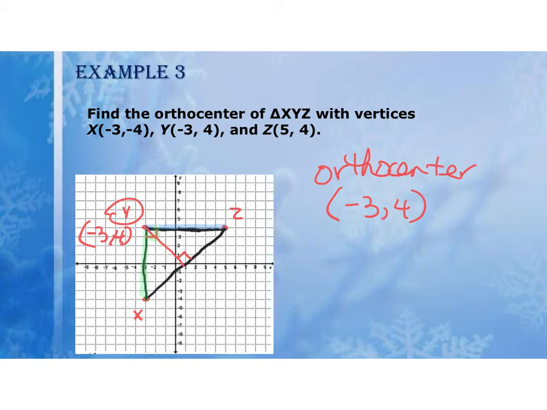So the point of concurrency is going to be where that right angle is located. So here the orthocenter is (-3, 4). So this is a right triangle. So the orthocenter is on the triangle.